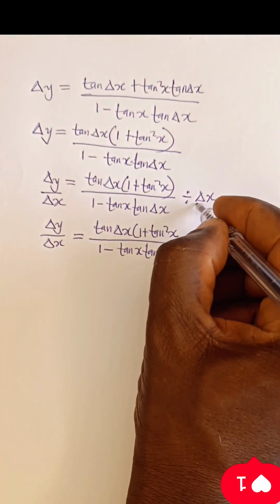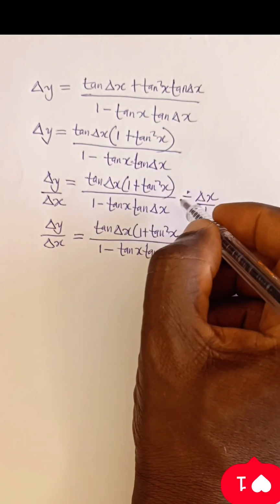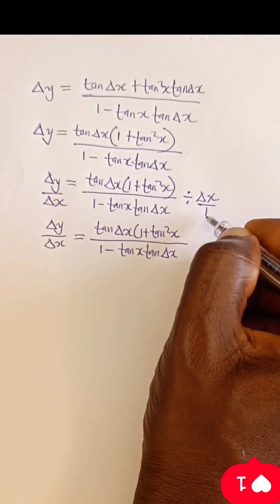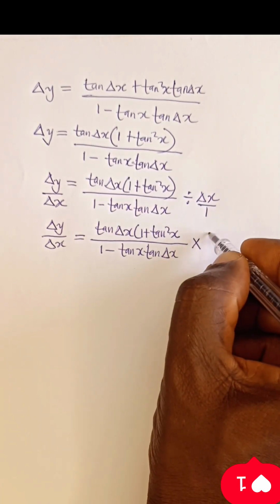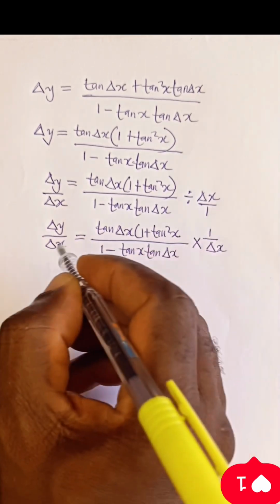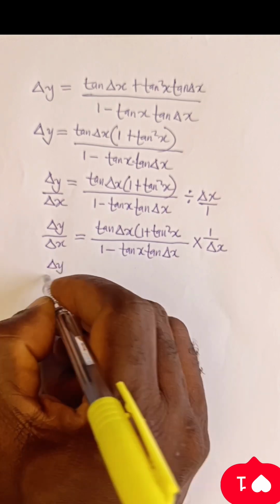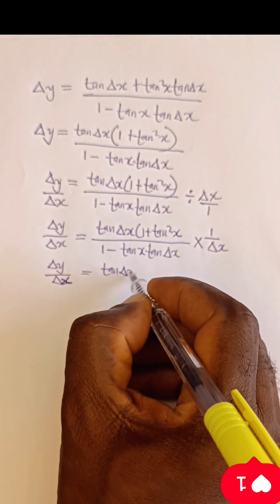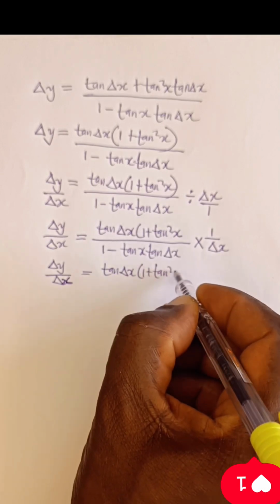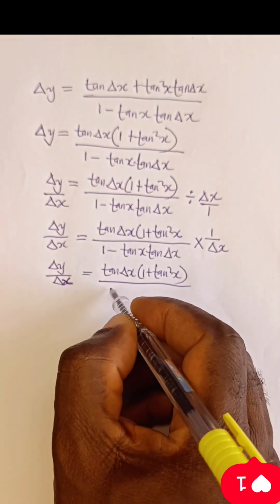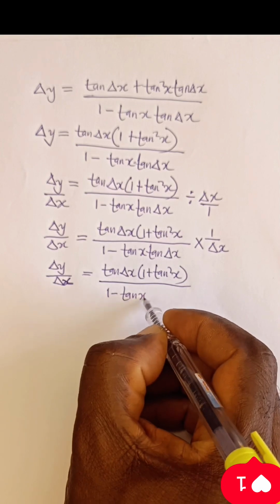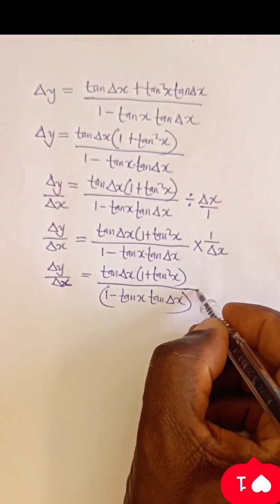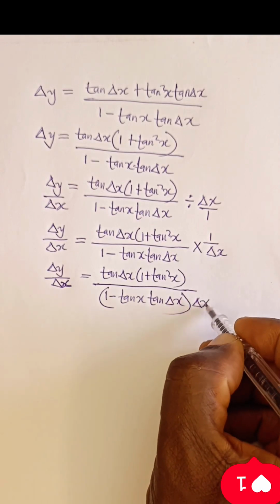This one we can say is divided by 1. It doesn't change its value, just like we still put change in x there. So we can change this division to times, and 1 will come up, change in x will come down. So our change in y over change in x is equal to tan change in x into (1 plus tan square x) over (1 minus tan x tan change in x) times 1 over change in x.